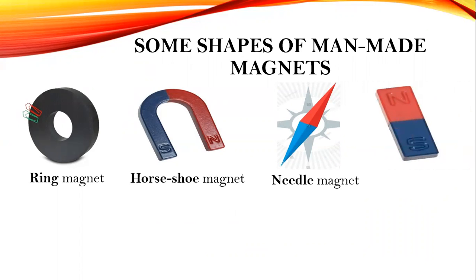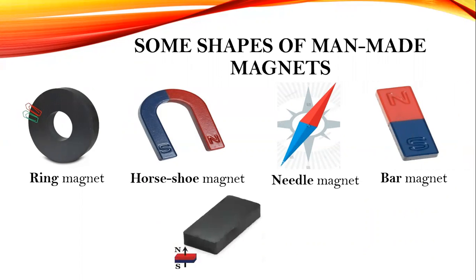And the most popular magnet is the bar-shaped magnet. The last type is called rectangular magnet. It's a 3D shaped rectangular magnet. So those are some shapes of man-made magnets which could be found all over the world.